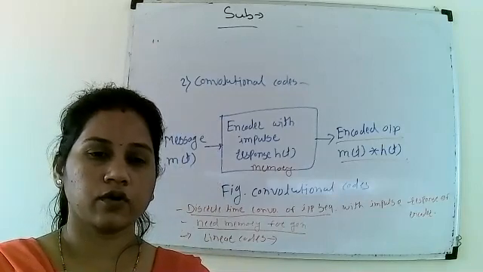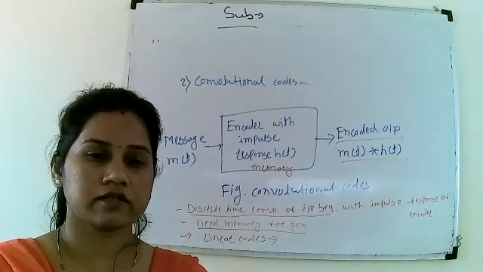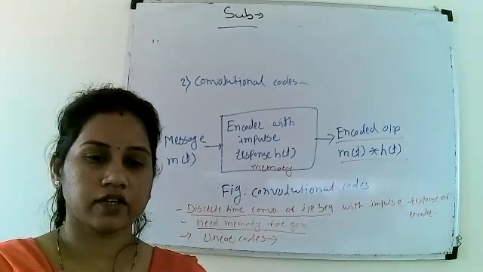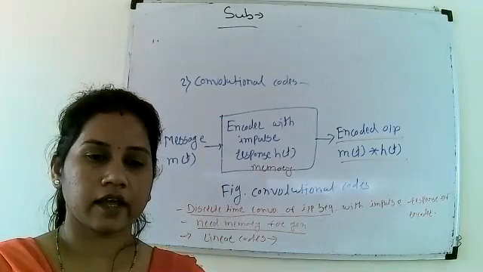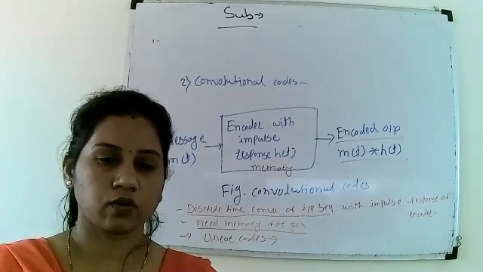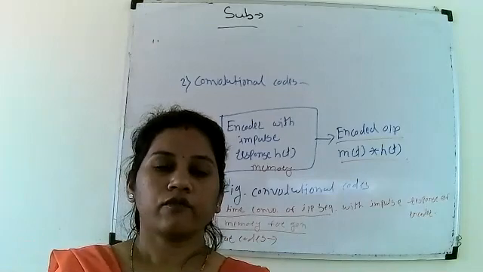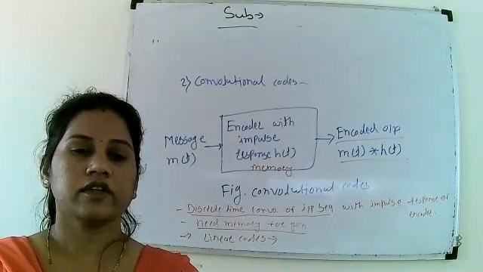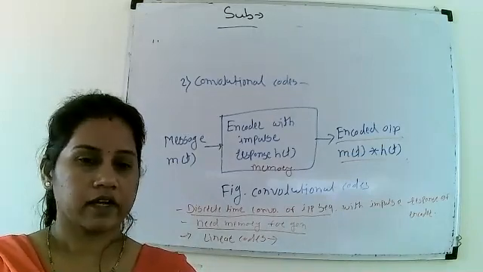We say a code is a linear code when the algebraic sum of two valid code words generates a new valid code word. The second property is that the difference between two valid code words generates a valid code word.